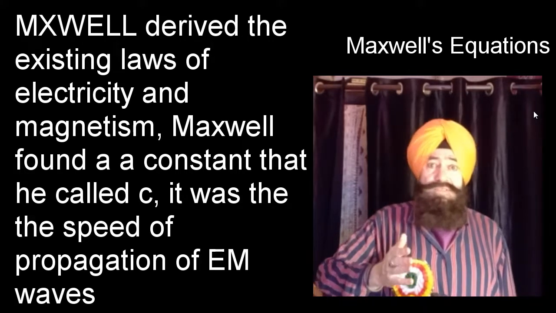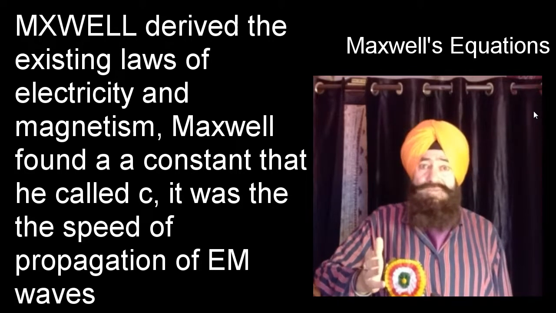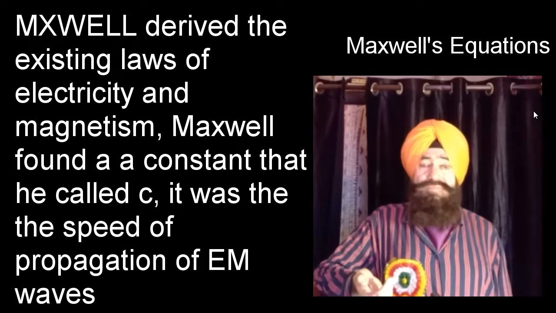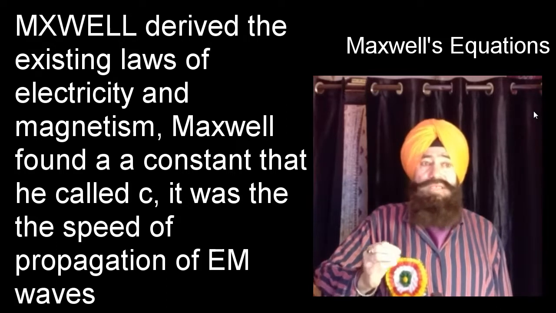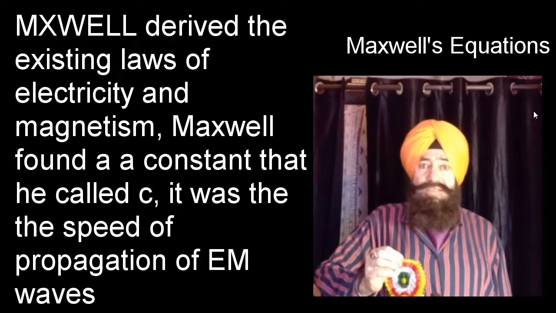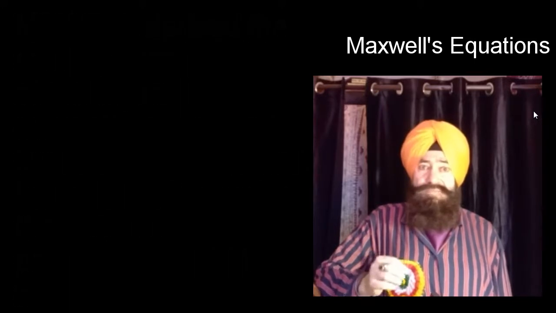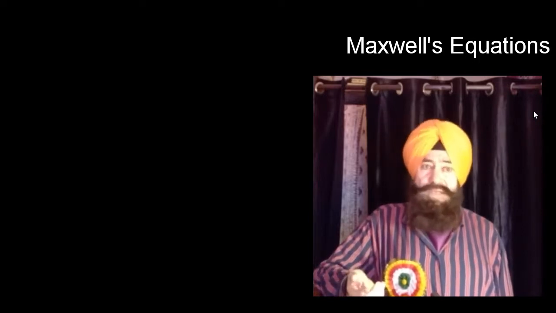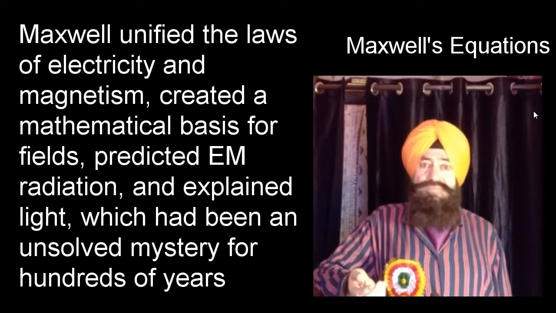From these equations, Maxwell derived the existing laws of electricity and magnetism. And Maxwell found a constant that is called c, and it was the speed of propagation of the electromagnetic waves.